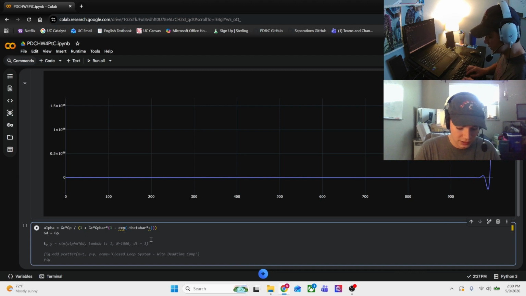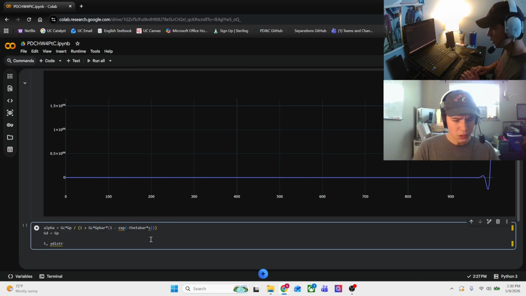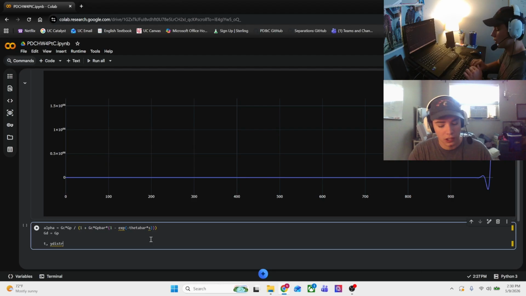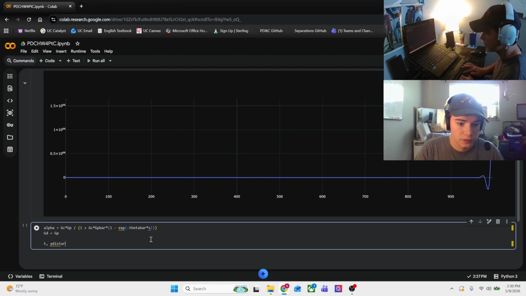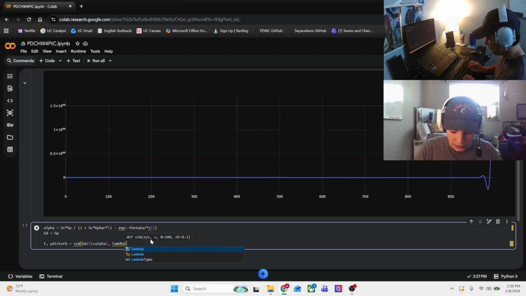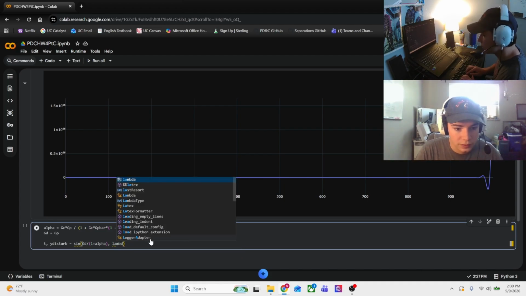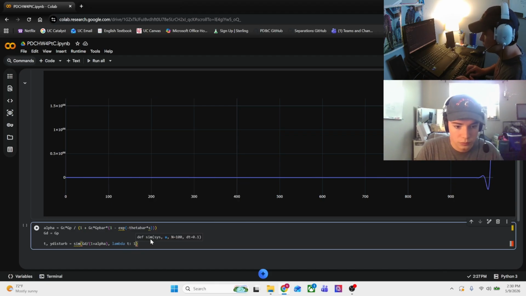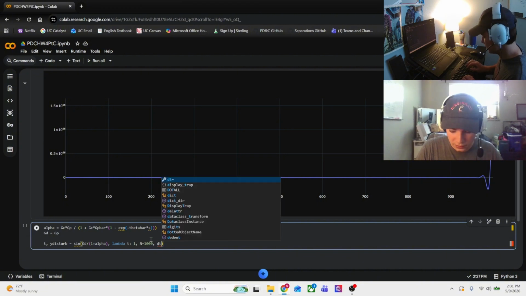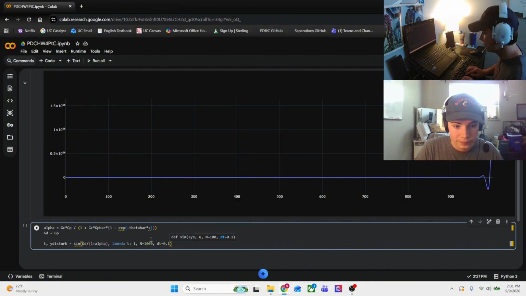So we're going to say our t and our y disturbed, which is going to be our change in our disturbance, that's going to equal the simulation of our GD divided by our 1 plus our alpha. Again, we're going to need our lambda, the T1, our N equals 1000, our DT equal to 0.1.